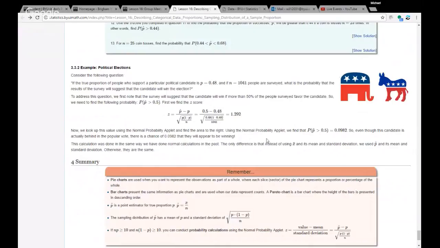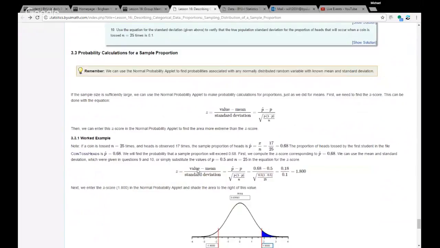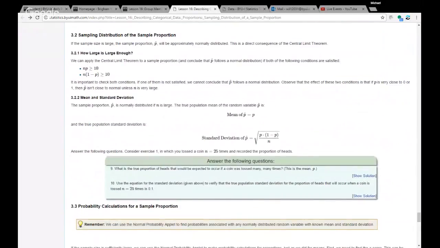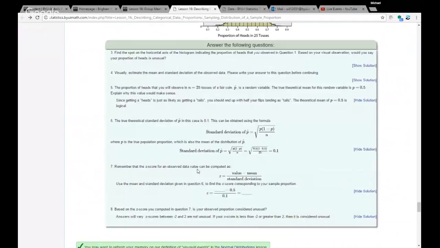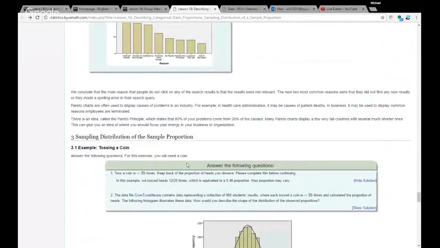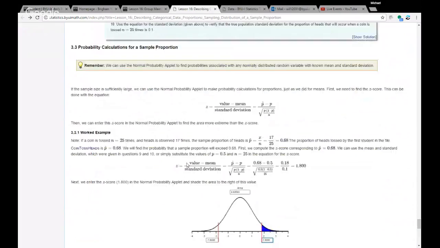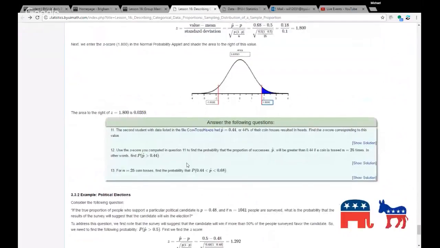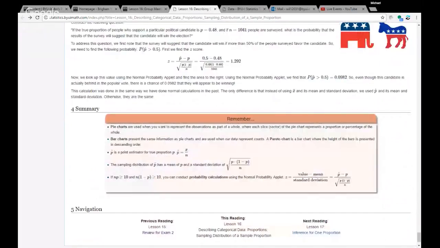So what is the mean of the sample proportion? It's the population proportion, right? Yes, the mean is p. So the formula is p hat equals x divided by n, where p equals 0.4.